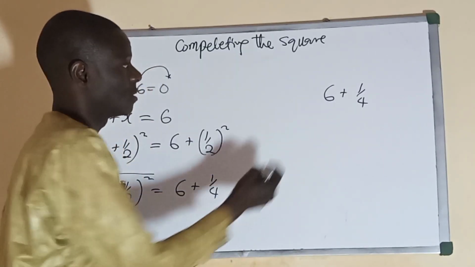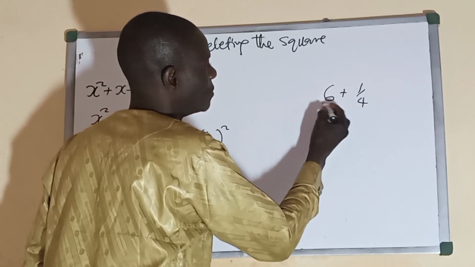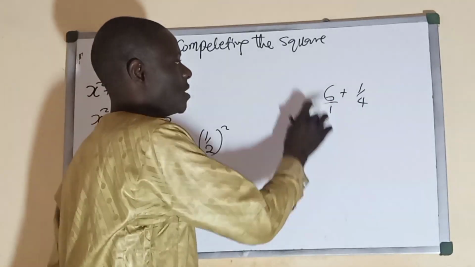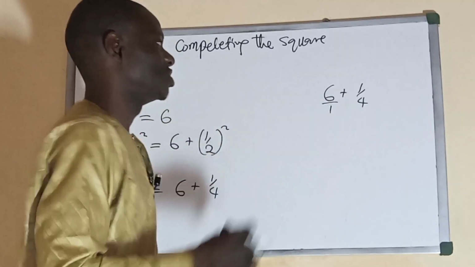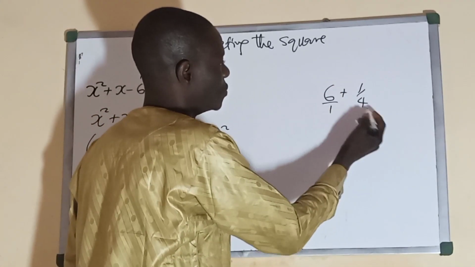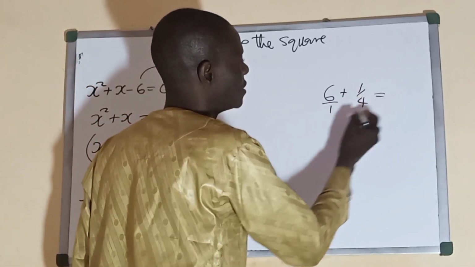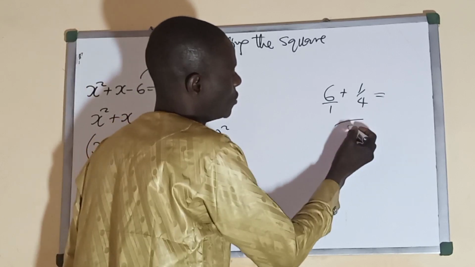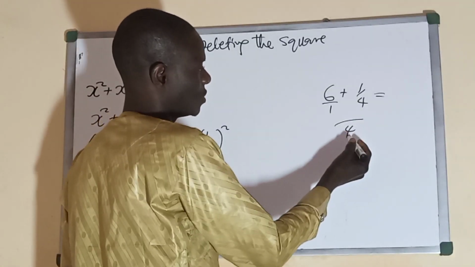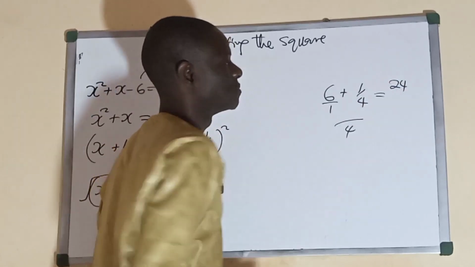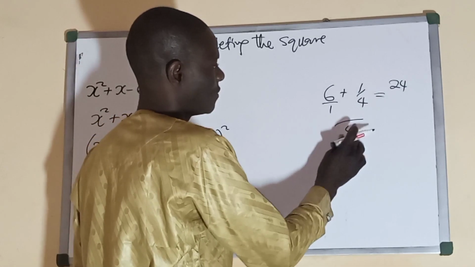We have to say 6 over 1, so we make it a fraction. The next thing is to take the LCM of this fraction, and here the LCM is 4. Here 1 into 4 is 4 times, then 4 times 6, we have what? 24.